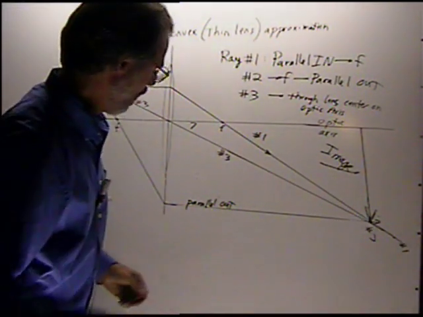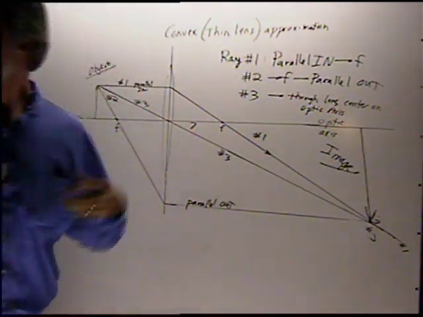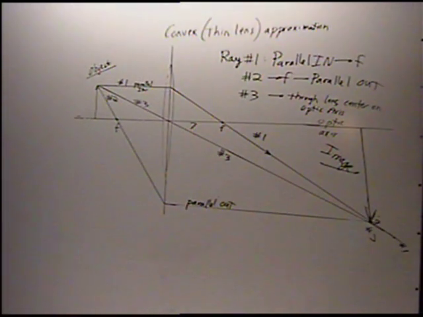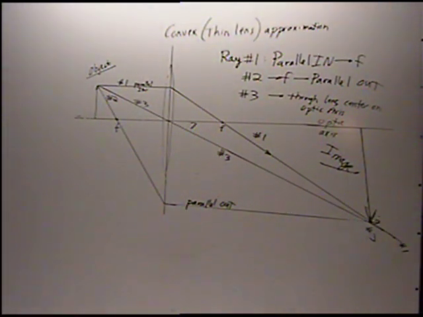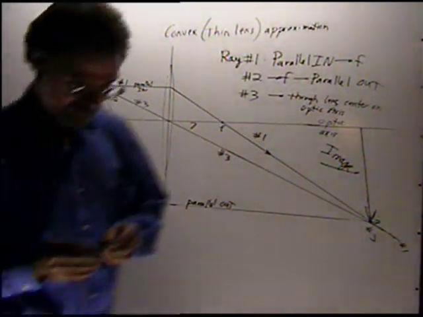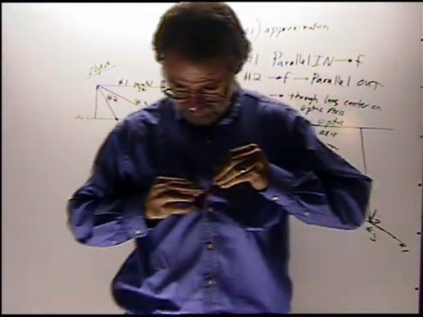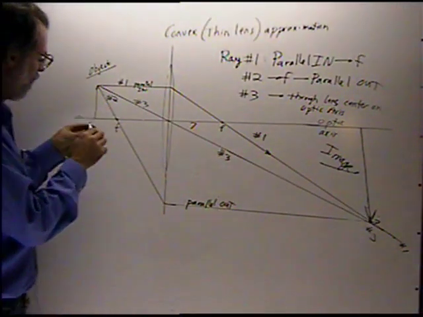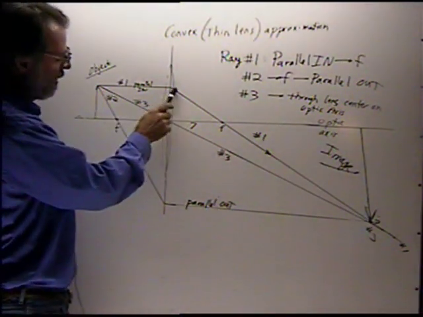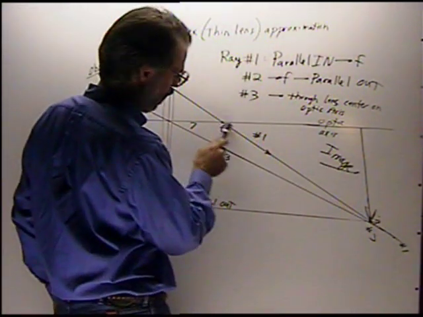Okay. So what we have here is ray number 1 is parallel in, and then it goes through the focal point.